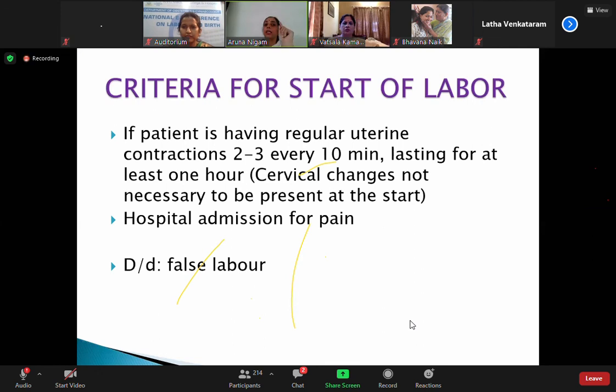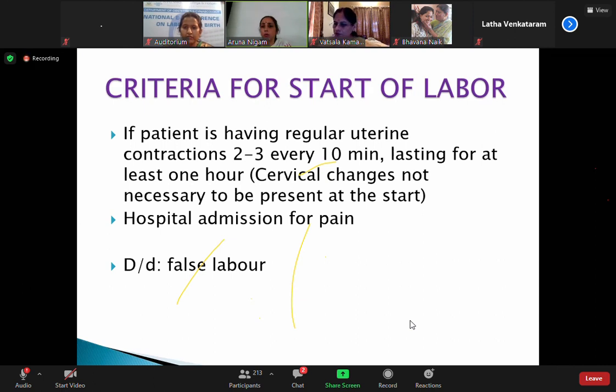So the criteria for the start of labor is not defined. We say if a patient is having regular uterine contractions, 2 to 3 every 10 minutes, lasting for at least 1 hour, then she can be said to be in the latent phase. But these regular uterine contractions, as practitioners, we have seen many a time subside also.